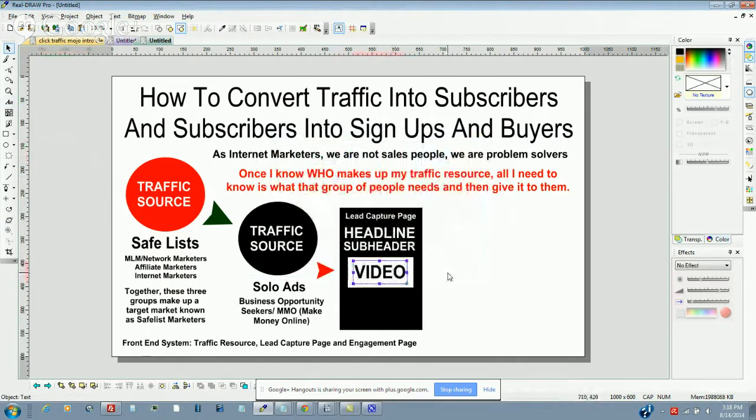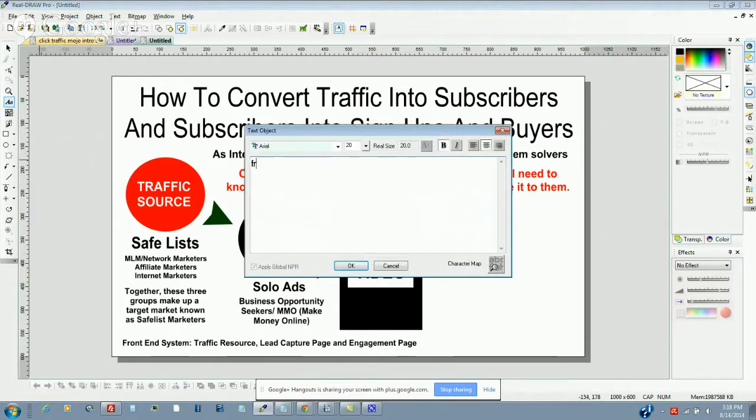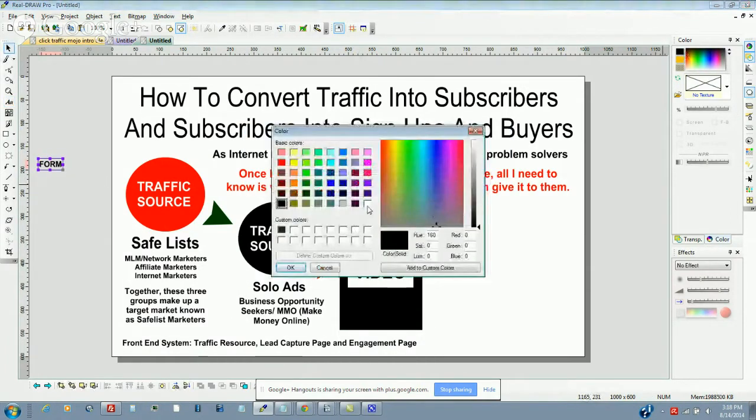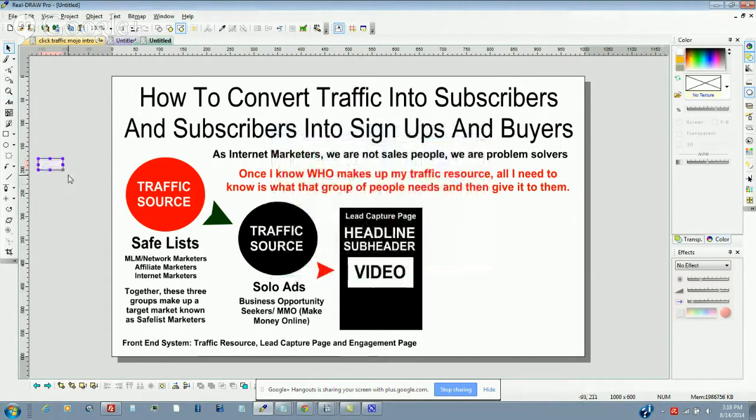Okay, and then at the bottom, there's a form where they enter their name and email address.